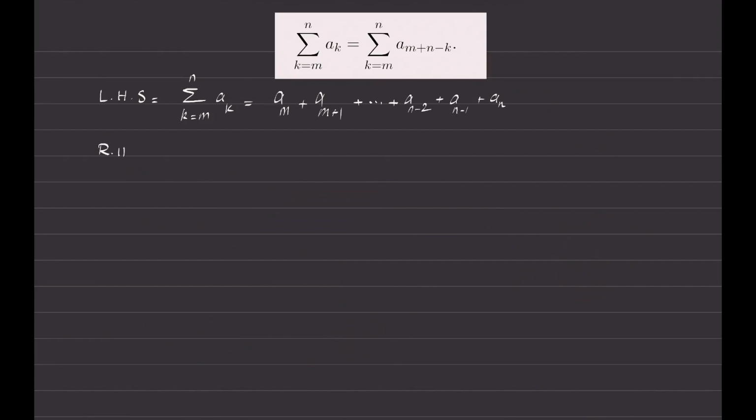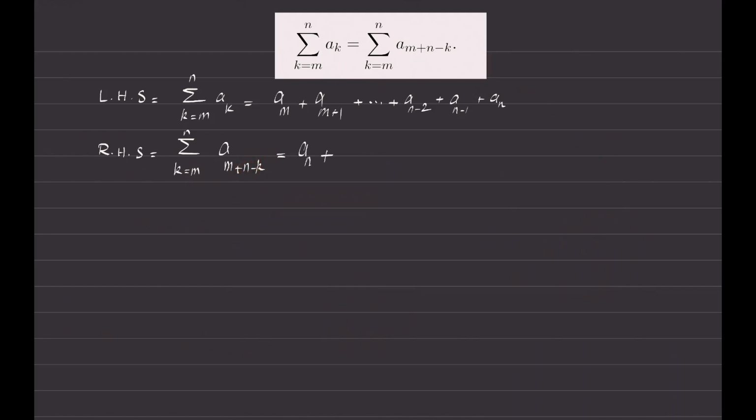But what is the right hand side? The right hand side, let me open it up. K goes from m to n, of a sub m plus n minus k. So if I replace k with the first number, it becomes m. M and m are cancelled, so I get n. So this becomes a sub n.